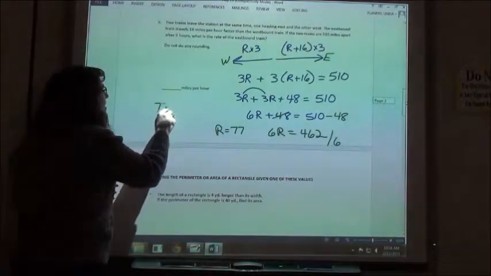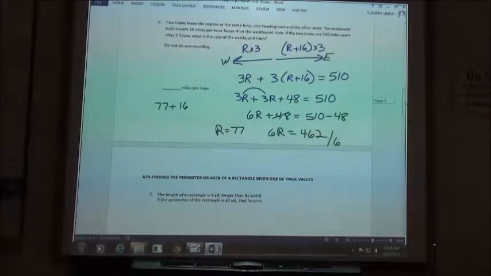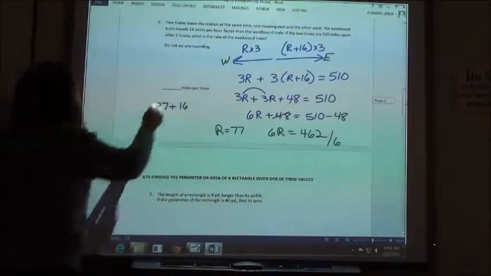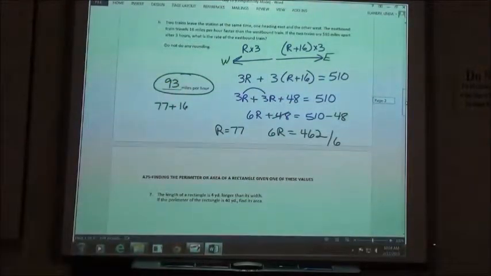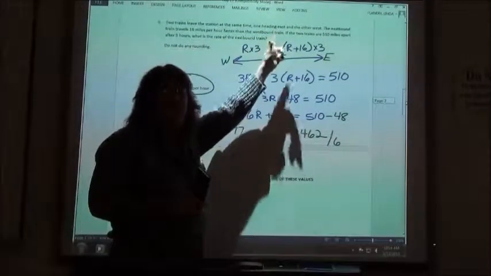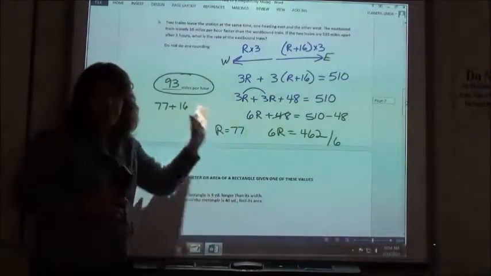So we have to take the 77 plus the 16 to find the rate of the eastbound train. 77 plus 16 gives me 93. So 93 miles an hour is how fast that eastbound train is going. So you have to be really careful on these ones that you're actually answering the question that they're asking. Just because you get down to an answer at the bottom doesn't mean you're done.